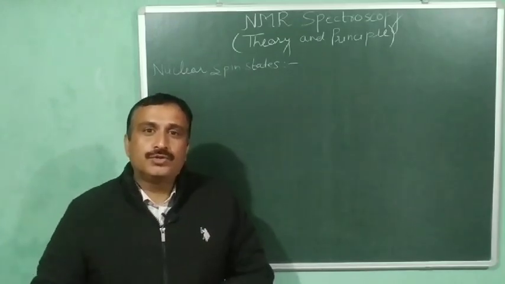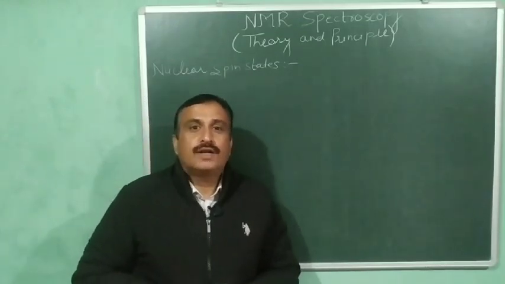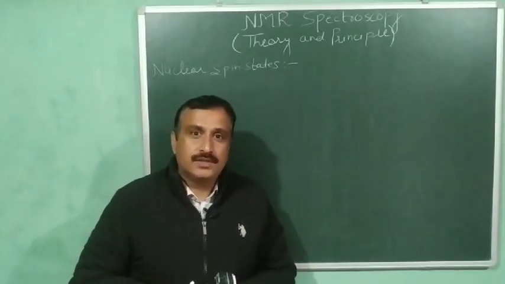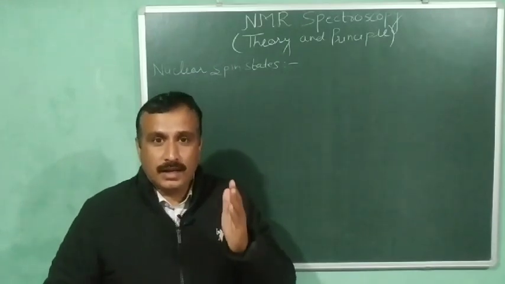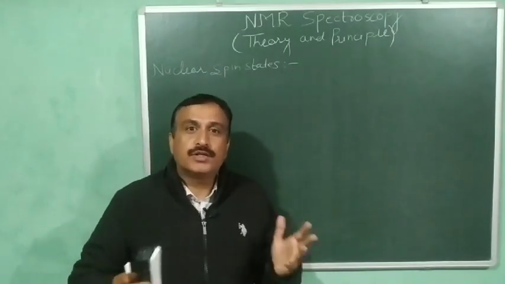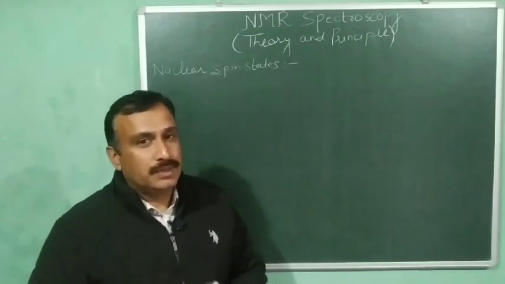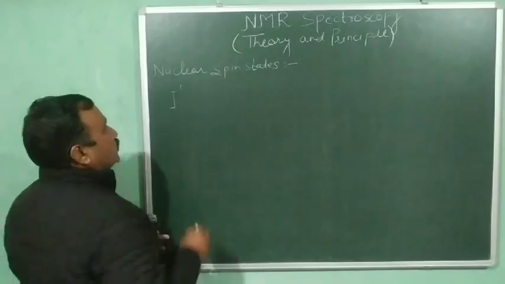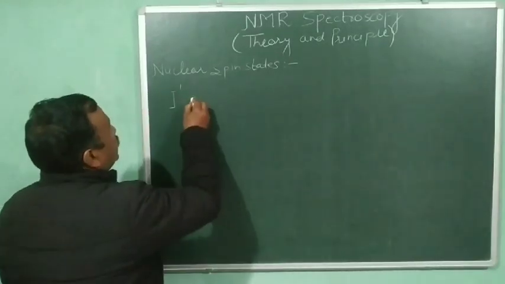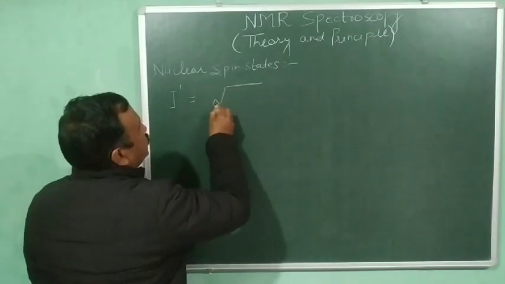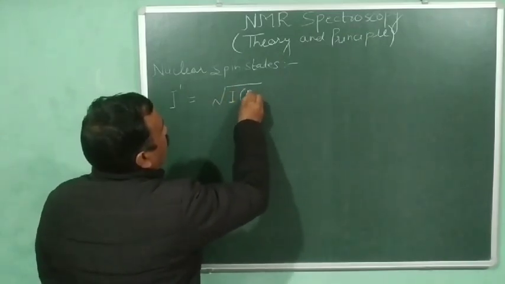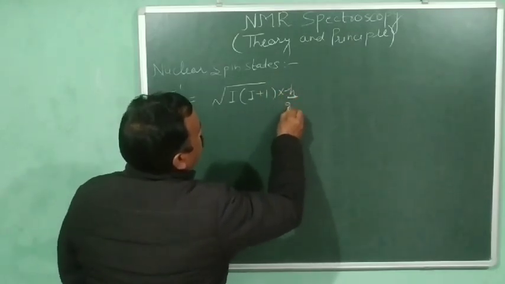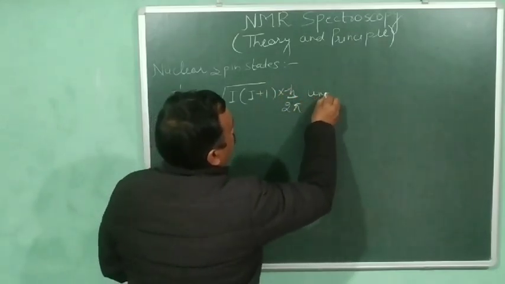This resultant spin is called the nuclear spin quantum number, and the spinning nucleus possesses angular momentum, which is calculated with the formula I prime, the angular momentum, equal to under root I into I plus 1 into h upon 2 pi units.